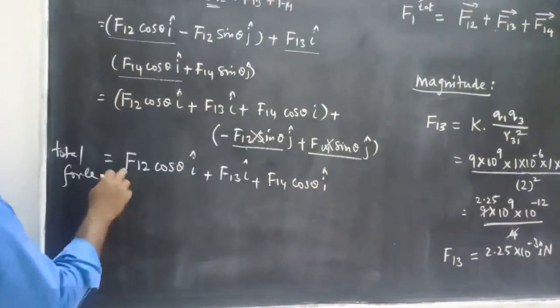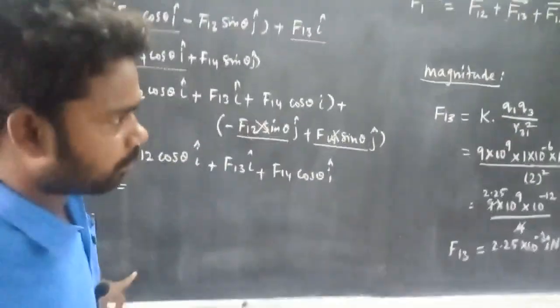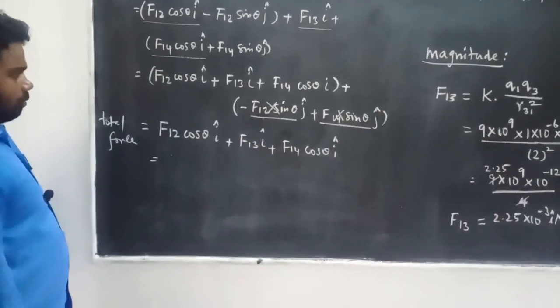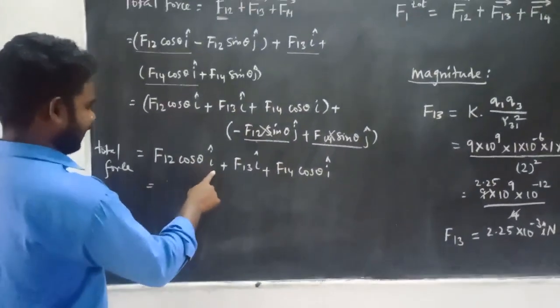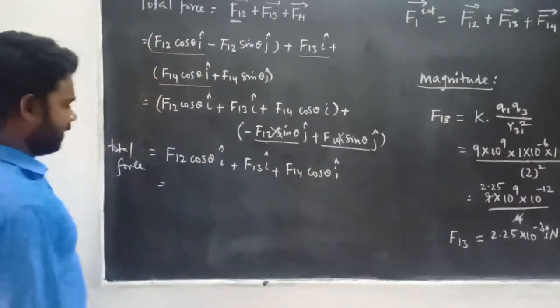Now we have the value of F12. What is the value of F12? So F12 cos theta i cap, F13 i cap plus F14 cos theta i cap.